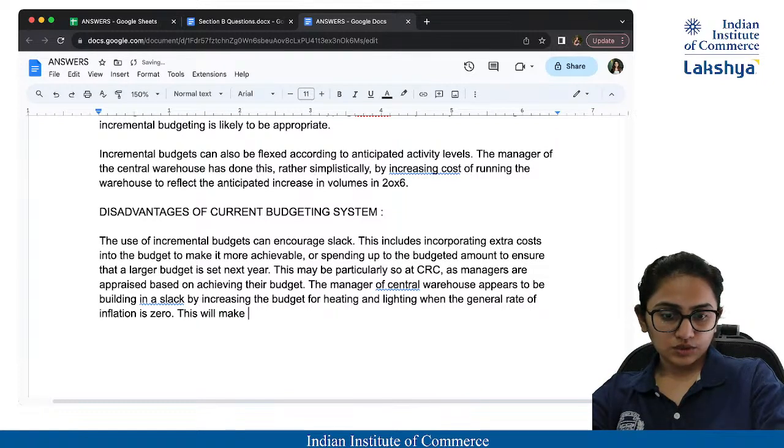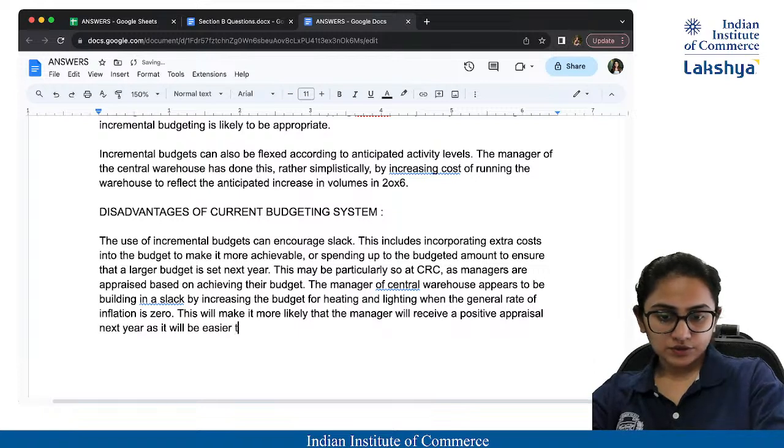This will make it more likely that the manager will receive a positive appraisal next year, as it will be easier to achieve the budget.